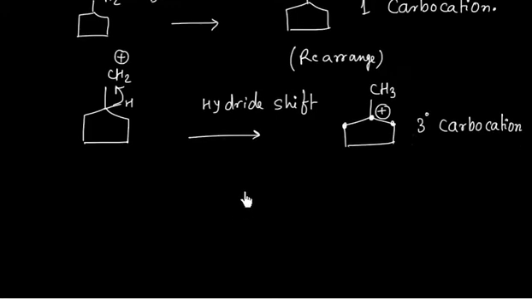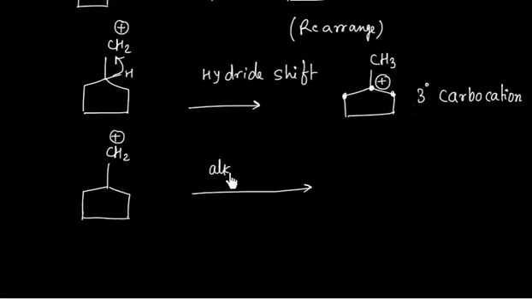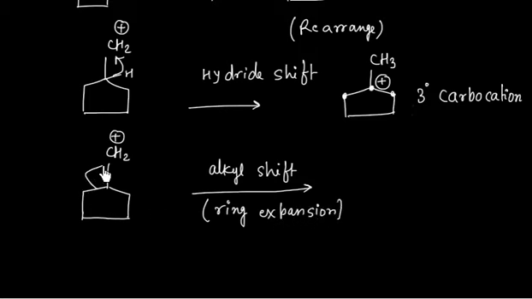Now another way to rearrange this carbocation is ring expansion. That is an alkyl shift. So in this case we will have ring expansion by alkyl shift. If I shift this alkyl group here, now we will have, this is 1, 2, 3, 4, 5, 6.